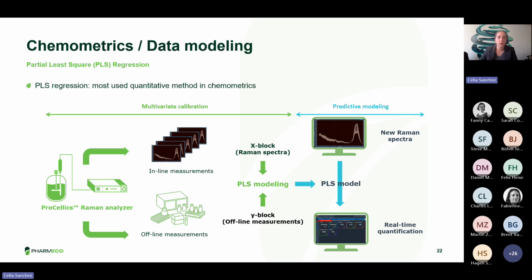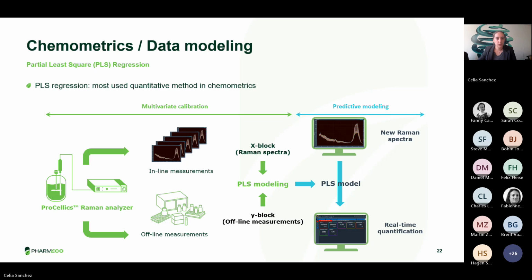On the other hand, in the lab, we take some samples and do our offline or at-line measurements in order to determine the concentration of the analytes we want to monitor. Let's say glucose concentration, viable cell density, lactate concentration, whatever. Based on both those spectra and those reference measurements, we build a PLS model.